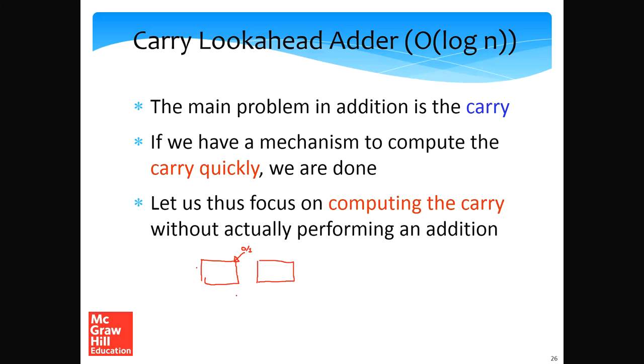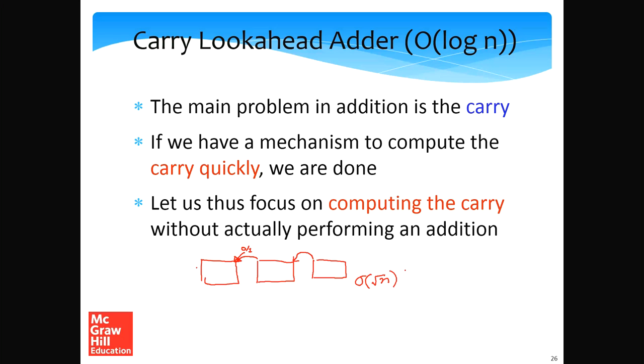So that is stage 1. Then in stage 2, the carry quickly ripples, and instead of rippling across bits, it ripples across blocks, so it takes bigger strides. And we quickly choose from one of the two pre-computed outputs. So essentially we get a time complexity which is k plus n by k, and we differentiate it and find the optimal value of k to be square root of n, and thus the total time is order of square root of n.